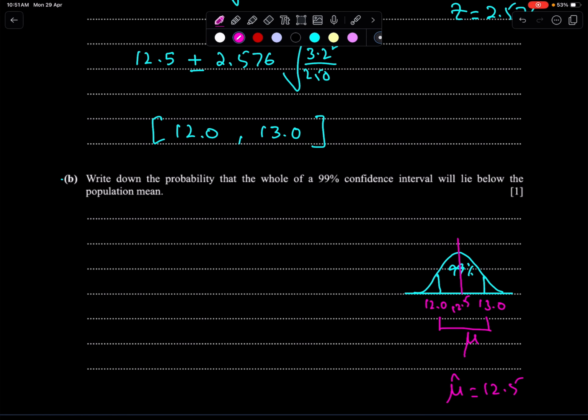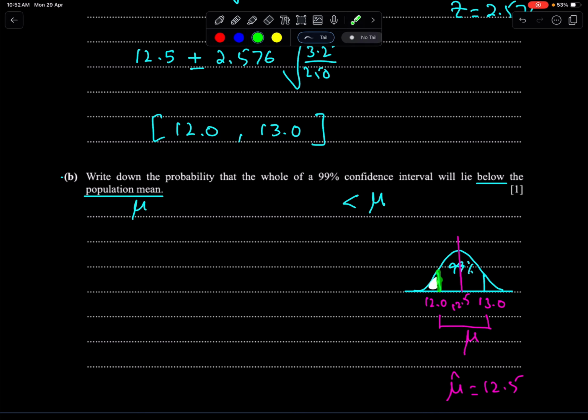Now, this question: write down the probability that the whole of a 99% confidence interval will lie below, this is very important, below the mu. Less than mu. See, this area is below the mu. This is the least value of mu, 12.0.